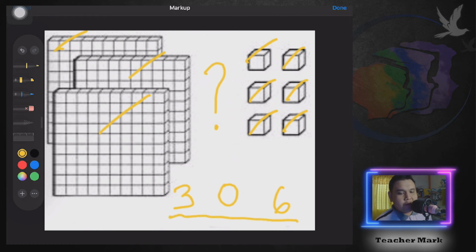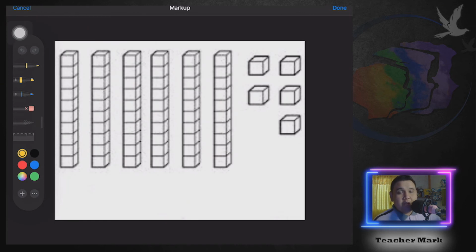Let's try another one. Okay, for this example, what do you notice now? Do you see any hundreds units? There is none. Okay, let's try to count again. We should always start at ones. 1, 2, 3, 4, 5. So that's a total of 5. How about for tens?